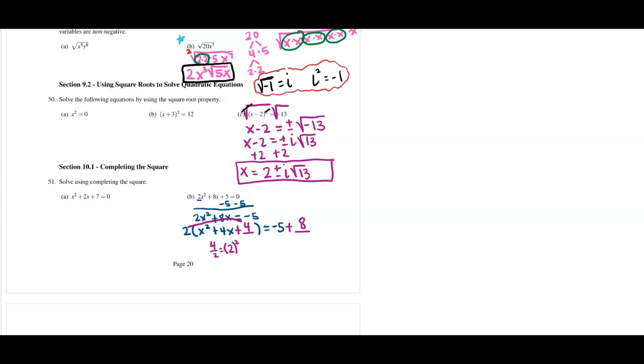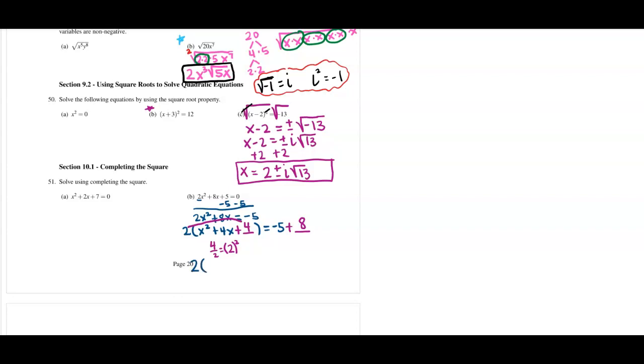All right, now let's simplify this, right? Because basically we're doing this completing the square because we want to get something to look like maybe this part B up here, where we're going to be able to use the square root property. That's the whole reason why we do completing the square when we're solving quadratics. So that 2 is going to stay on the outside.